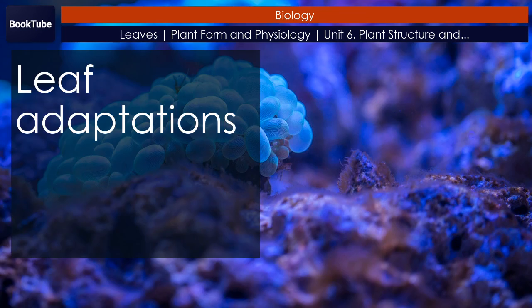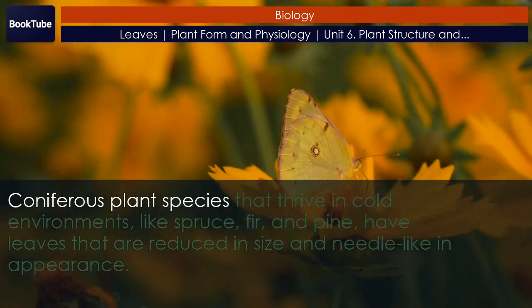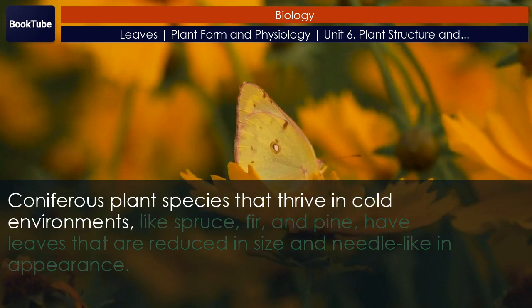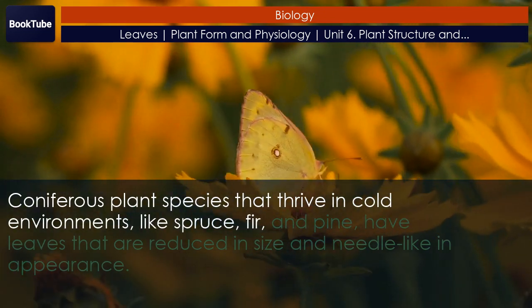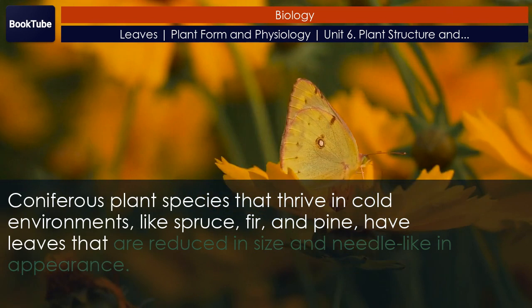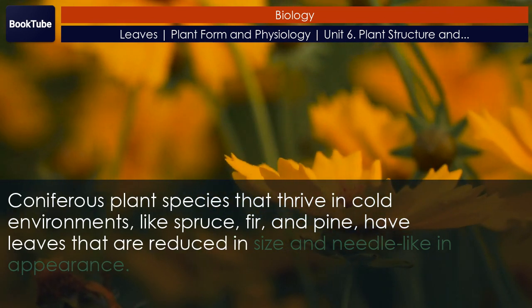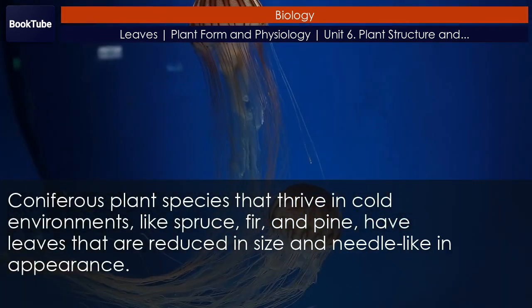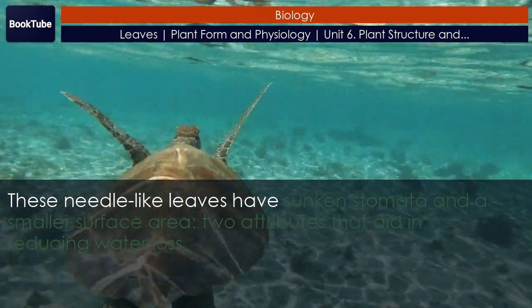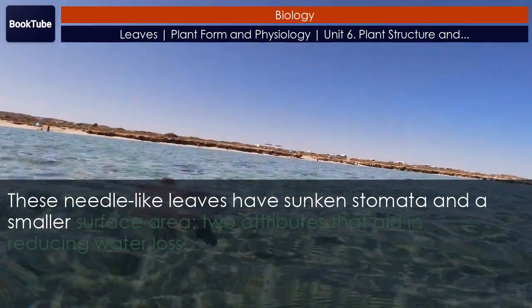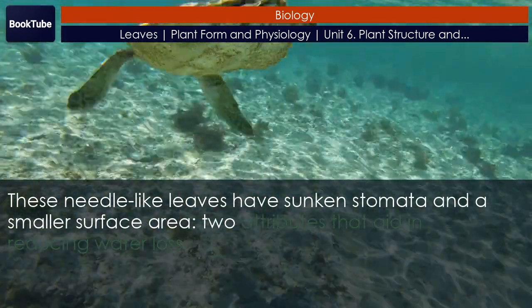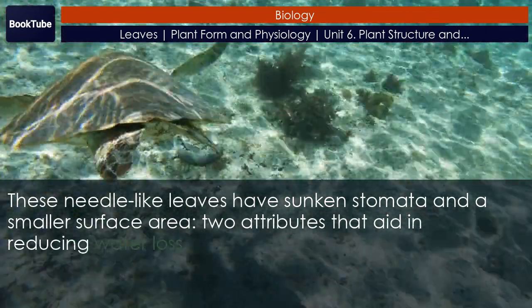Leaf adaptations. Coniferous plant species that thrive in cold environments, like spruce, fir, and pine, have leaves that are reduced in size and needle-like in appearance. These needle-like leaves have sunken stomata and a smaller surface area, two attributes that aid in reducing water loss.